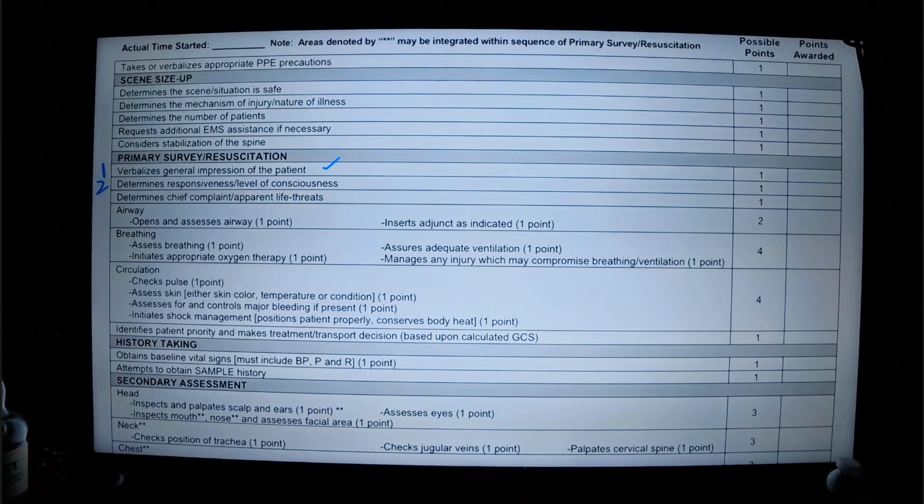Or responsiveness, which is this. LOR and LOC. Level of responsiveness, level of consciousness, as you can see there. So LOR is pretty much a poo.